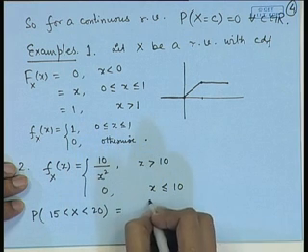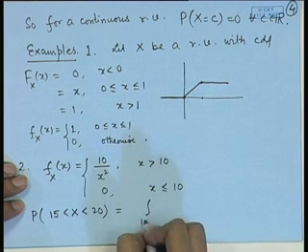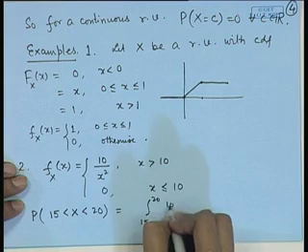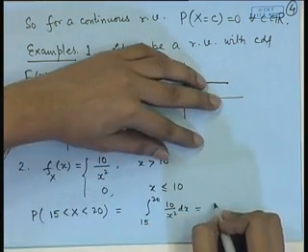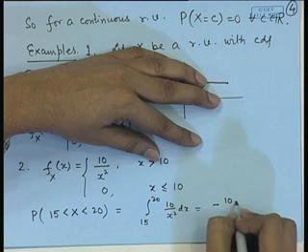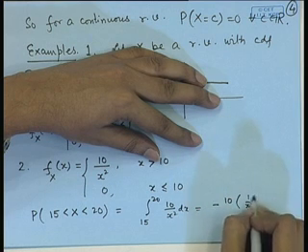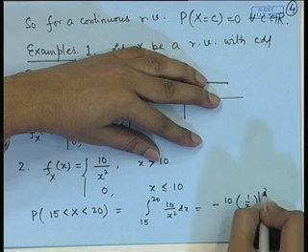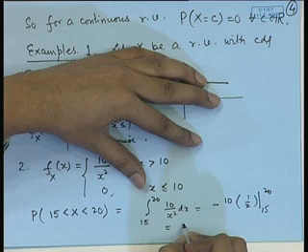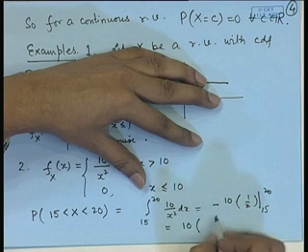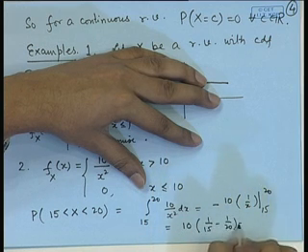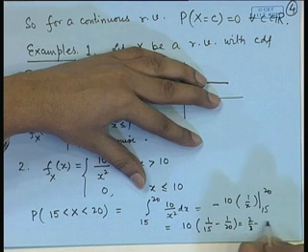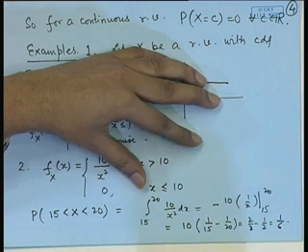Then it will be equal to the integral from 15 to 20 of 10 by x square dx, that is equal to minus 10 times 1 by x from 15 to 20, that is equal to 10 times 1 by 15 minus 1 by 20. So, 2 by 3 minus half, that is equal to 1 by 6.